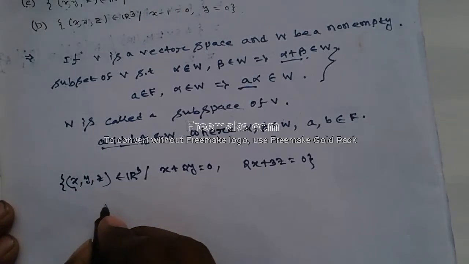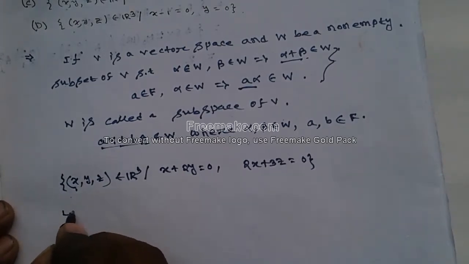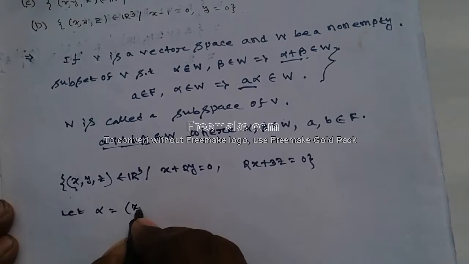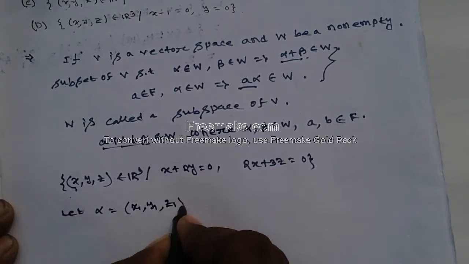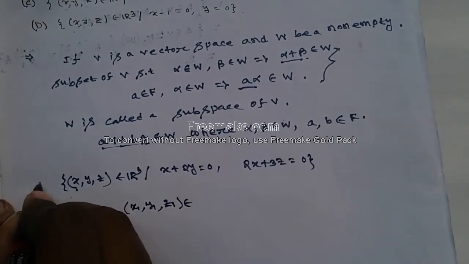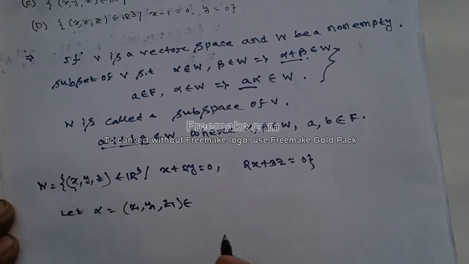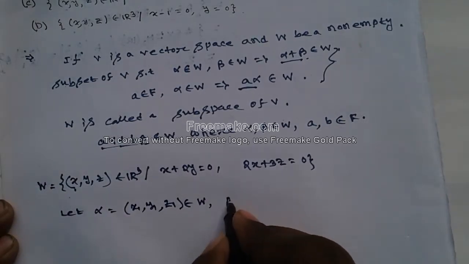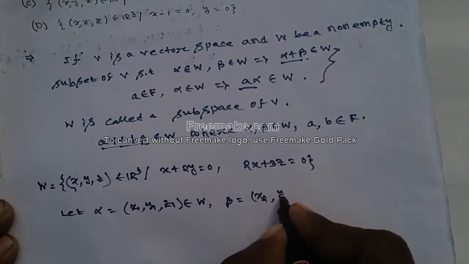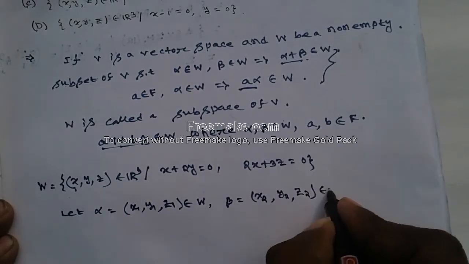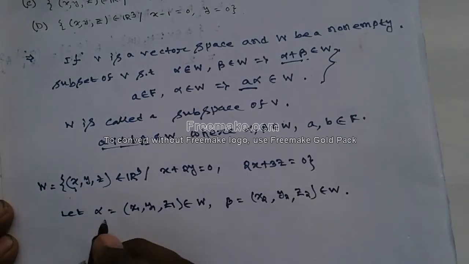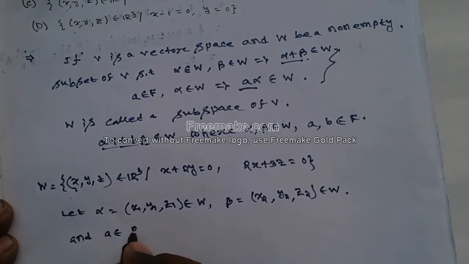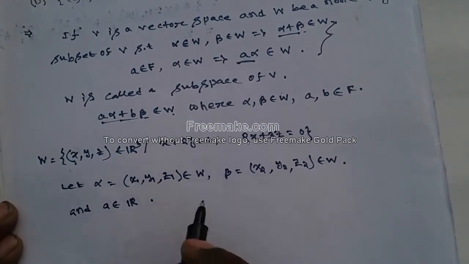Now let alpha equal (x1, y1, z1) be a vector in W, and beta equal (x2, y2, z2) belongs to W, and a be a scalar, since this is a vector space over R, a is a real number.